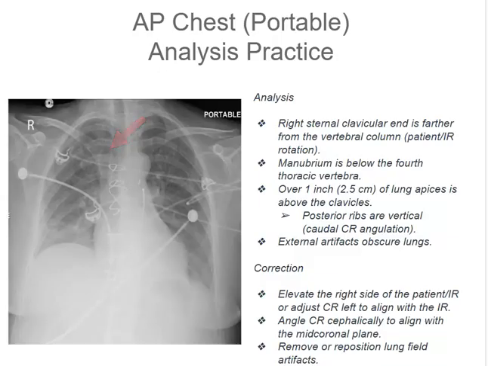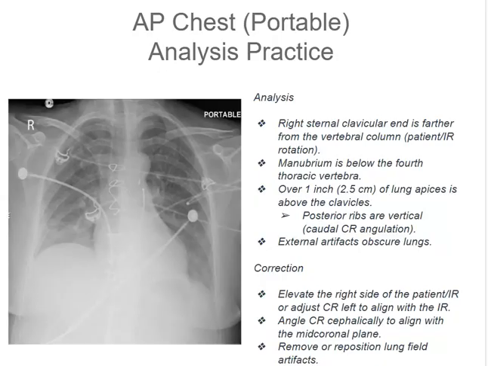And in this case, the right sternoclavicular end is demonstrated further away from the vertebral column than the left. The right side of the patient and the IR are placed closer to the bed and further from the collimator's face than the left side. Or the central ray could be angled towards that right side.